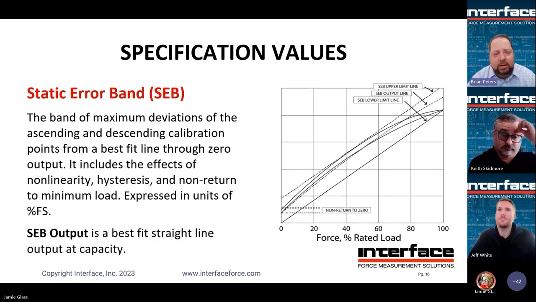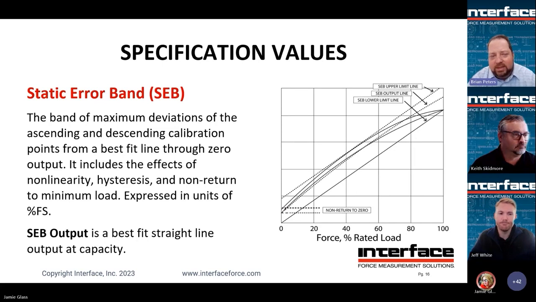All right, static error band. This is something not all sensor data sheets have. A lot of them do. This is a good way to look at a summary of performance for the load cell, and that's because it takes into account the nonlinearity on the ascending side, the hysteresis value on descending, as well as non-return to zero. So it's actually, as stated, an error band that encompasses all the deviation of output for that load cell in a test or in a calibration.